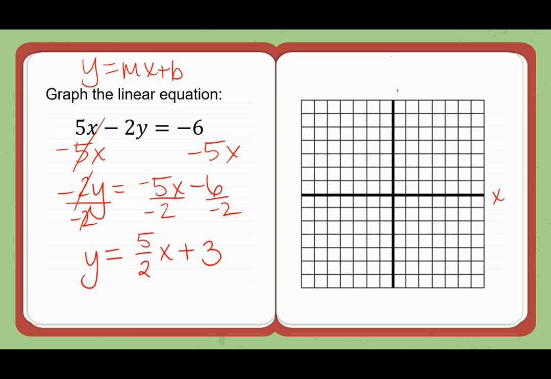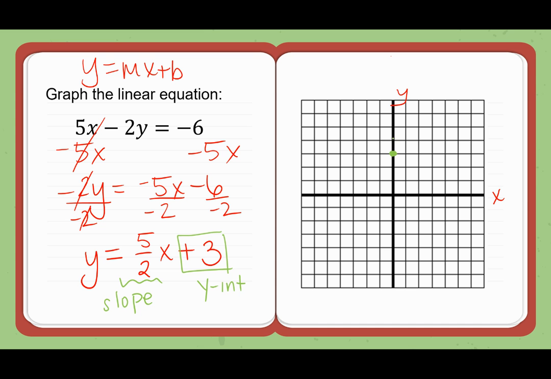So now I can graph it because I can tell what my y-intercept is, and I can tell what my slope is. So that's what I'm going to put on my coordinate plane. I'm going to start with the y-intercept. That locates me on my coordinate plane. And then 5 and 2.